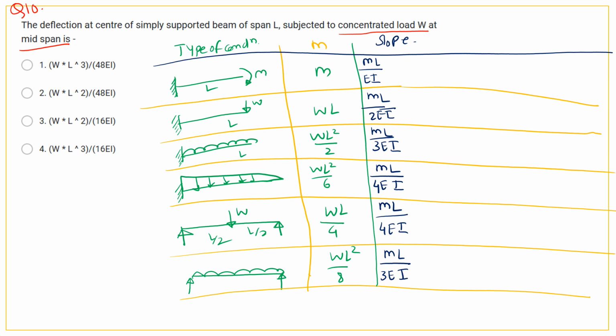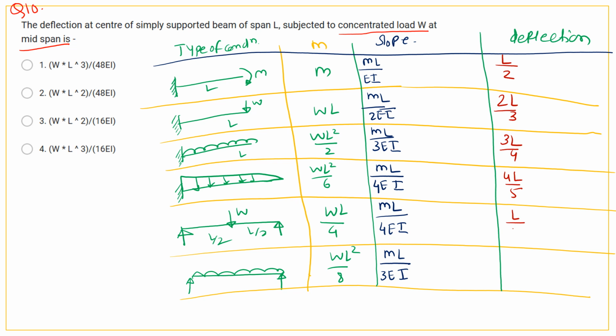First we see the short terms to derive the formula. For deflection the terms are L by 2, 2L by 3, 3L by 4, 4L by 5, then L by 3, 5L by 16. These are the small values to derive the formula. How to calculate the value?